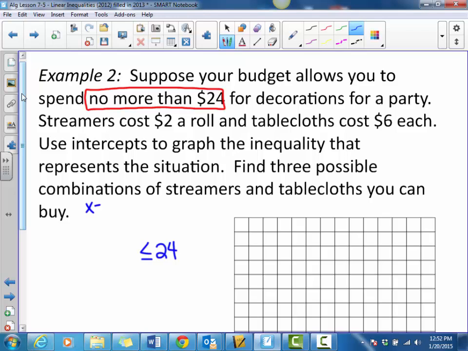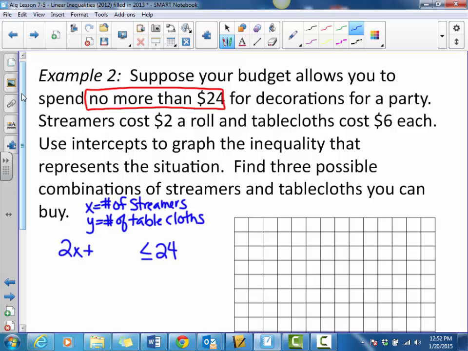We're going to let x equal the number of streamers. We'll let y equal the number of tablecloths. Streamers are $2 each, so that's 2x.